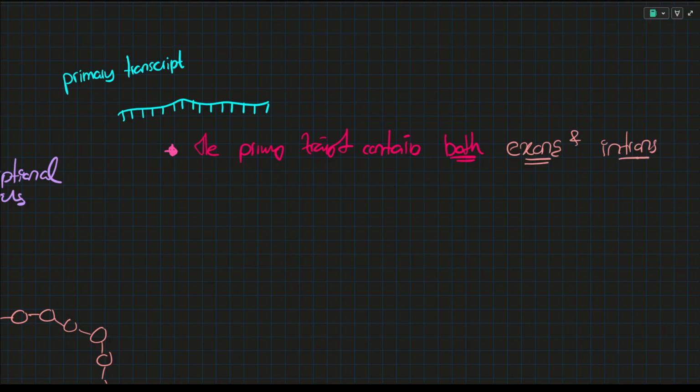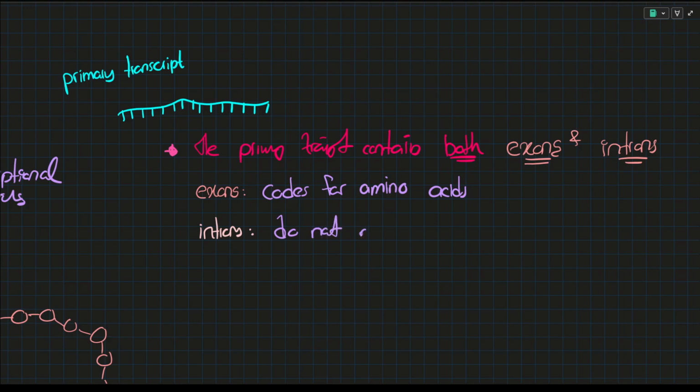These are going to be two new words for you under genetics. So let's clarify what each of those things do and how they function. Exons code for amino acids. Introns do not code for any amino acid.